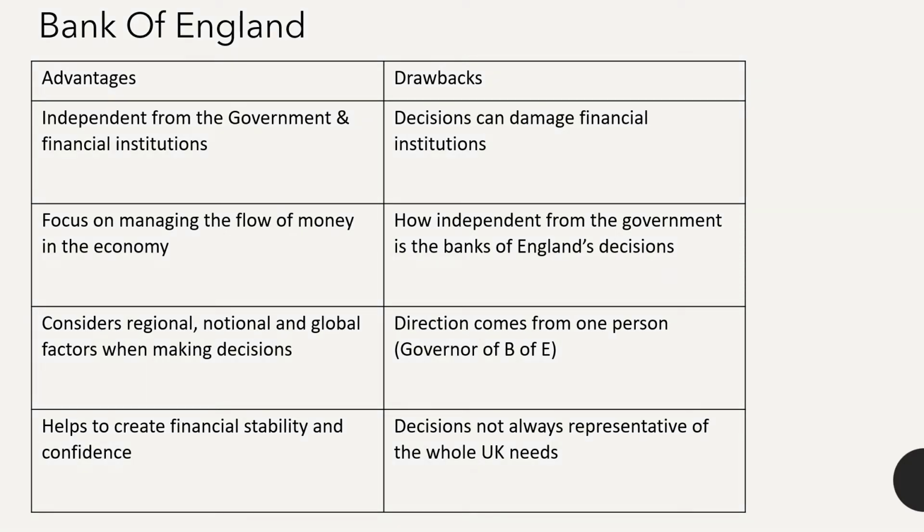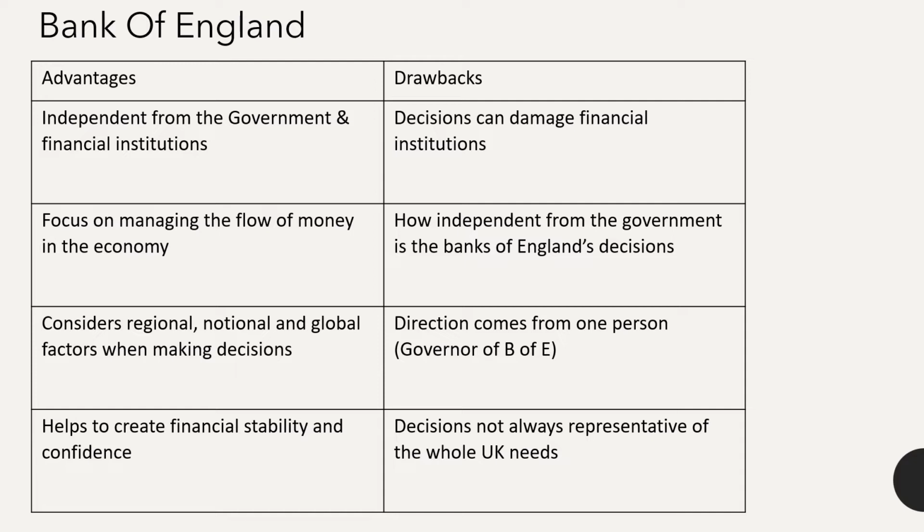So now we look at the drawbacks of the Bank of England, and the first thing that we see is decisions can damage the financial institution. The Bank of England has so much power and so much weight within the financial framework. So any wrong decision can be catastrophic for the whole economy at large and for the whole financial framework at large as well.